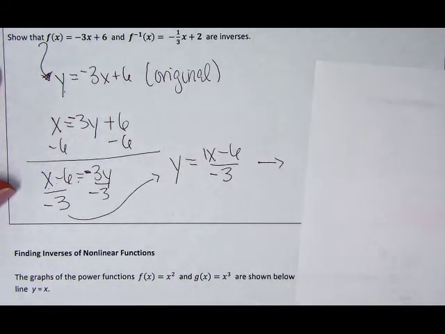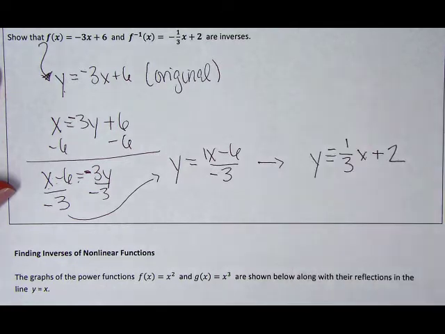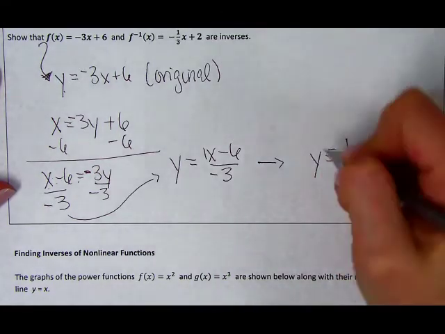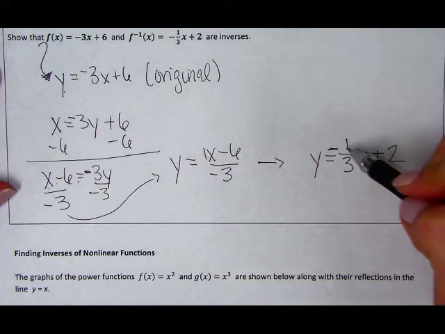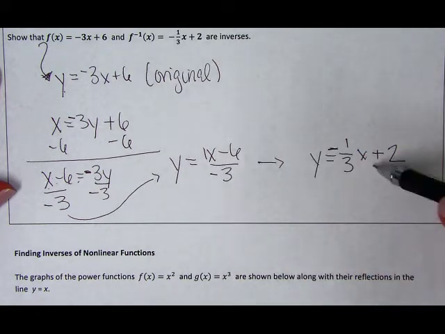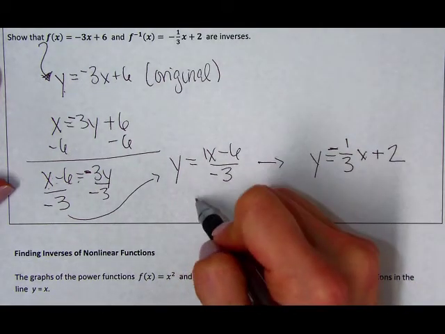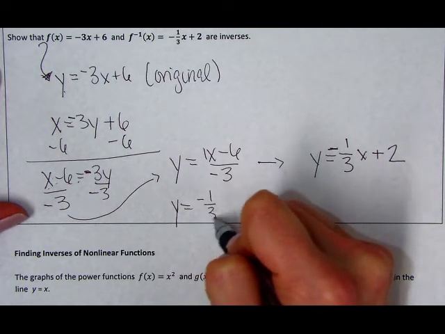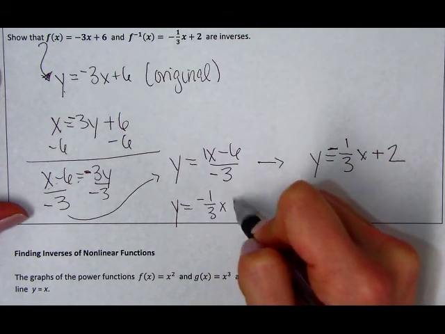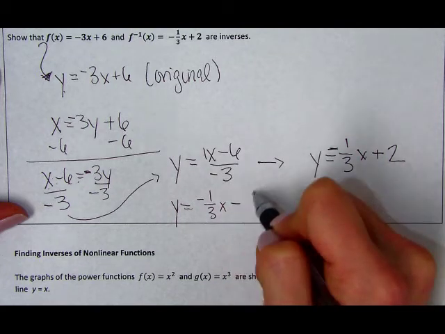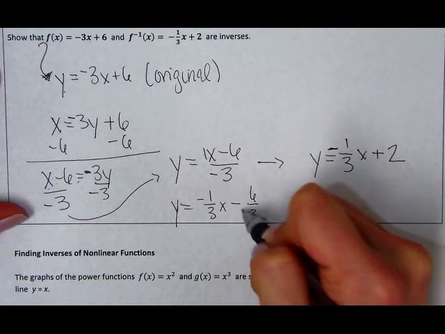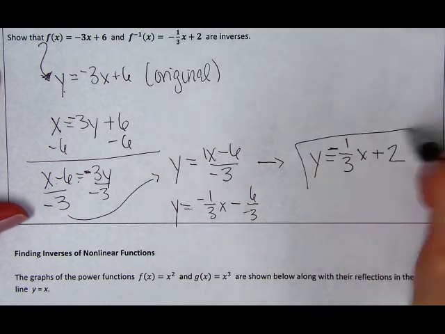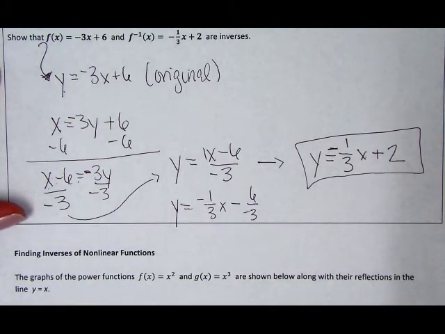If I separate these two, I get y is equal to -1/3 x plus 2. I can show you that middle step real quick. Y equals -1/3x, and then you would separate this with minus 6 over -3. The double negatives give you the positive, so this is what you end up with for your inverse.